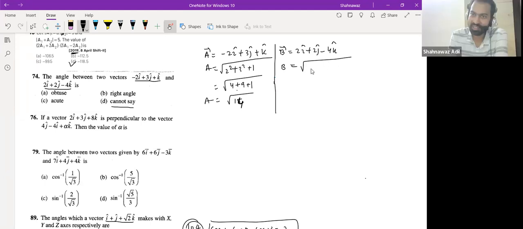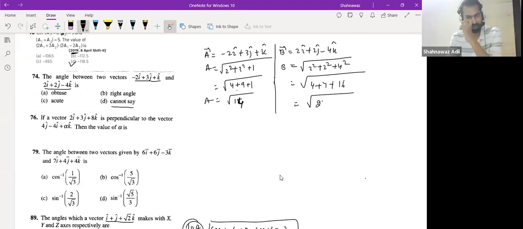And this is 2 square plus 2 square plus 4 square, right? So this is 4 plus 4 plus 16. So you are telling me the answer of this part, right? Okay, so now we have B and we have A. So what is the use of A and B? Let's see.